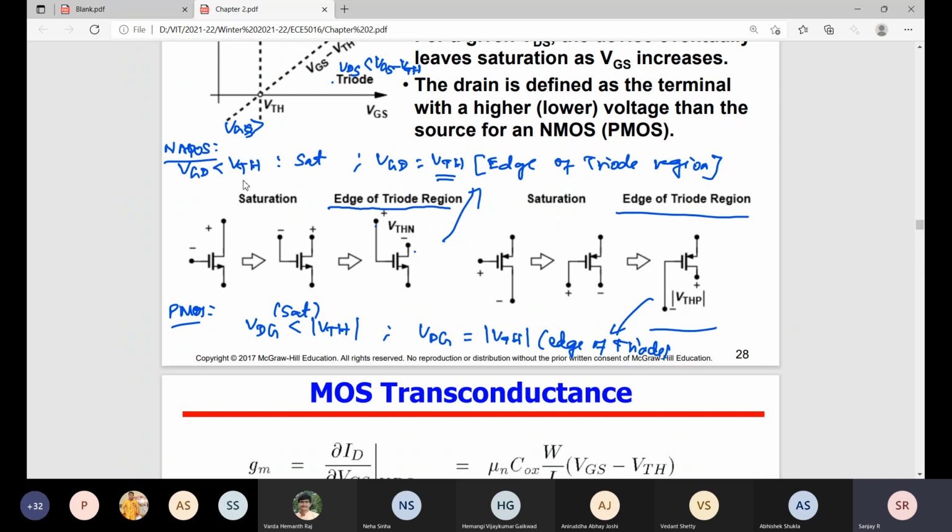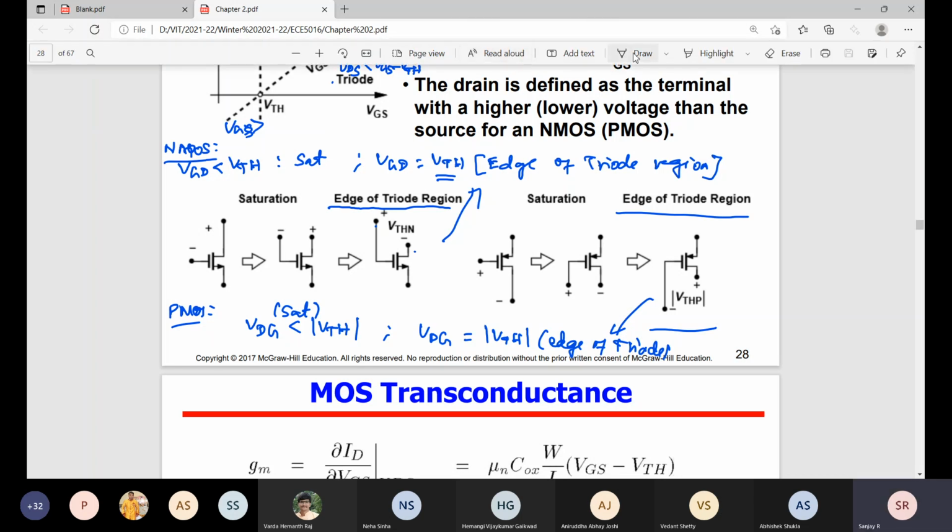So mainly we need to remember this: saturation means gate to drain less than VTH. If gate voltage becomes higher than drain voltage by threshold voltage, then triode region will happen. So for saturation it should be less than threshold voltage. Fine.